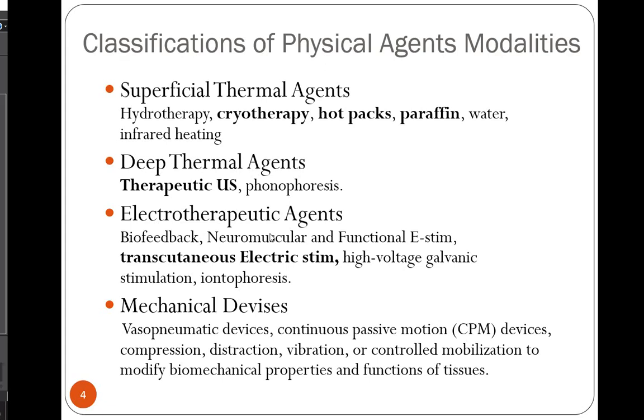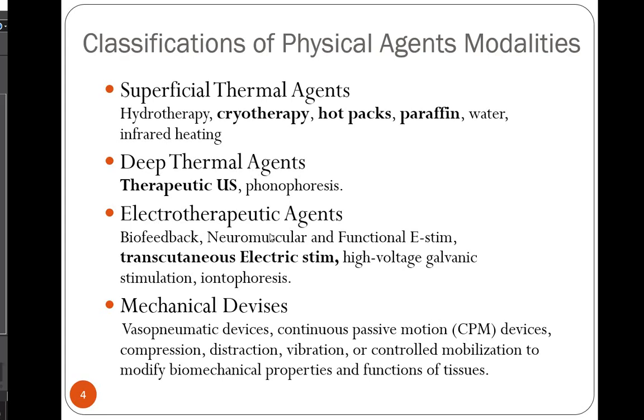Superficial thermal agents are hydrotherapy, anything to do with water, cold water, hot water, heating, cooling, etc. Cryotherapy, which is anything to do with ice packs, hot packs, paraffin baths or wax, and infrared heating. Those are all superficial.